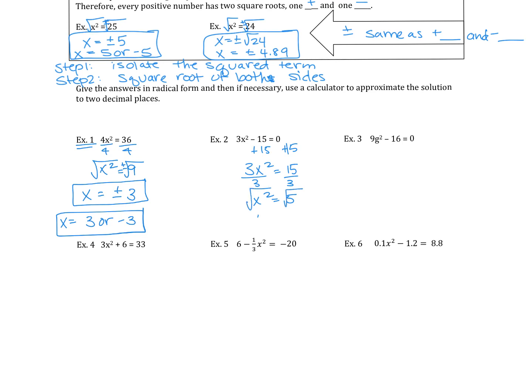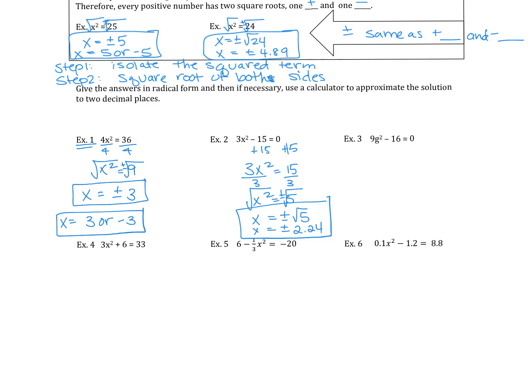And I get x equals plus minus the square root of 5. And if I do the square root of 5 on my calculator, I get 2.24. So x equals a positive 2.24, and x equals a negative 2.24.